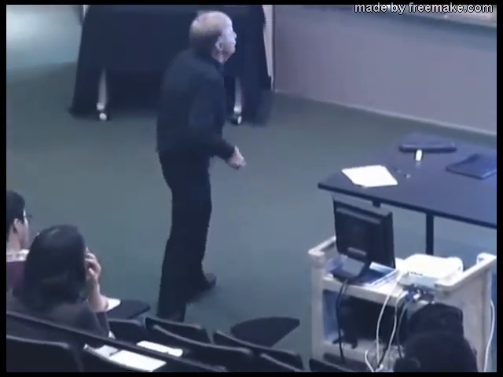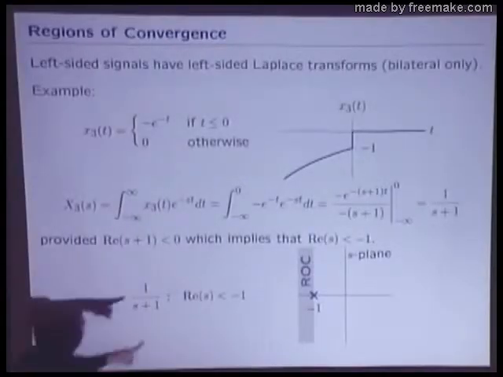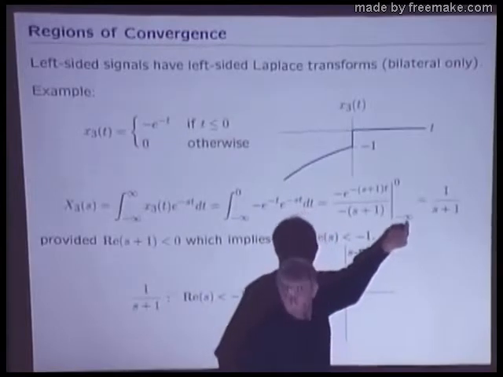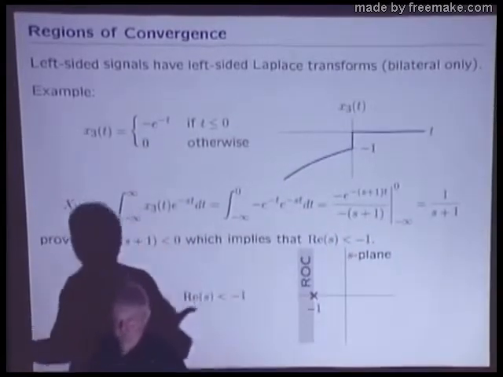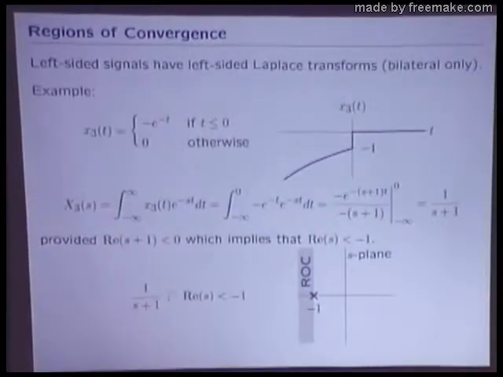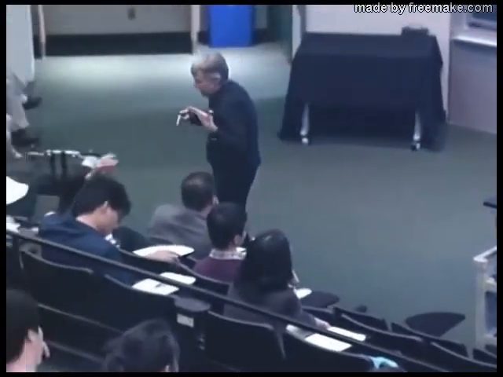Also, since I need convergence at t equals minus infinity, the region flips. I still need to have that decay so that the integral exists, but now the functions are flipped in time. So the important range of S is now flipped.